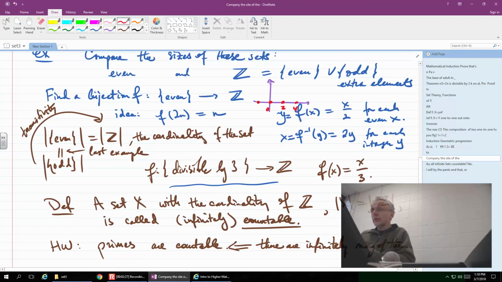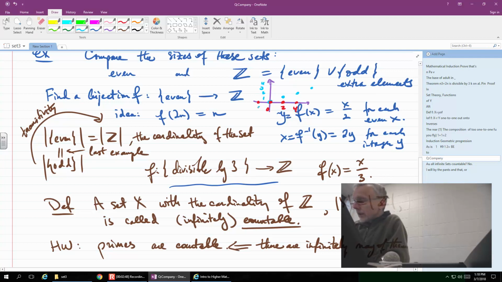The function is x over 2, so it's really not complicated. It will look like this. Okay, 1, 2, 3, 4. So this is the graph of the bijection we have specified.